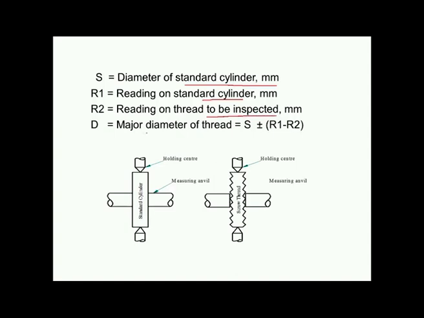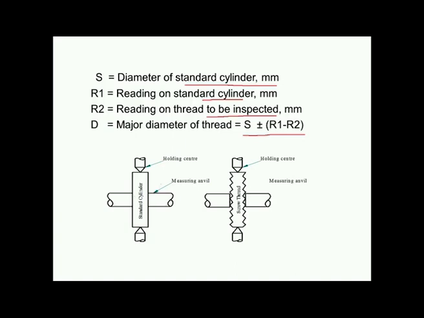Then D, the major diameter of the thread, can be calculated using this relationship: S plus or minus R1 minus R2. Whether we use plus or minus depends on whether the standard cylinder diameter is greater than the major diameter of the thread or smaller than the major diameter of the thread.